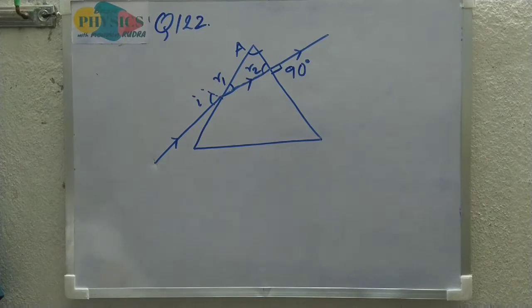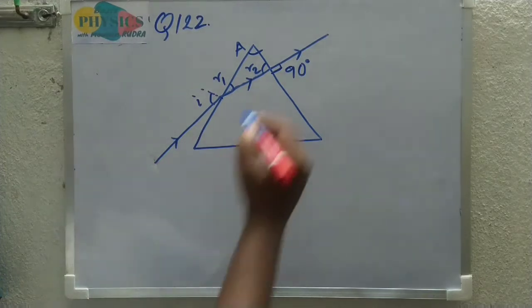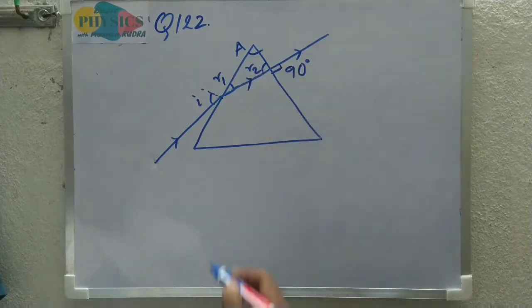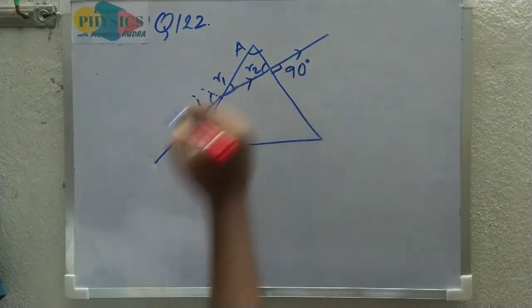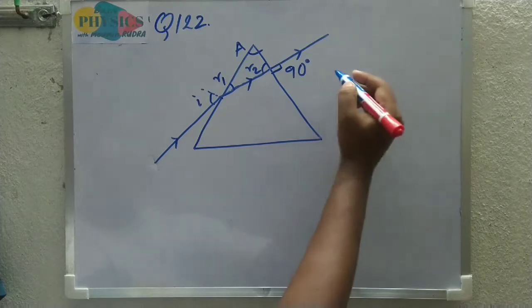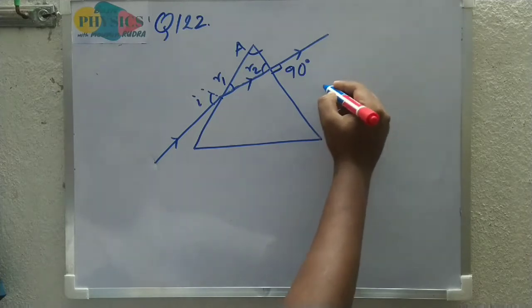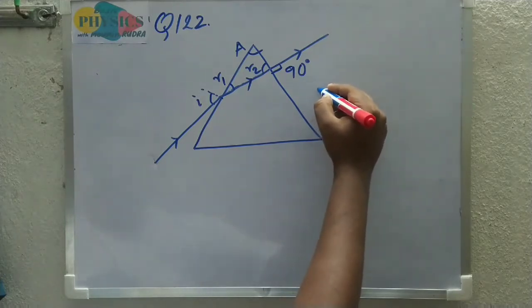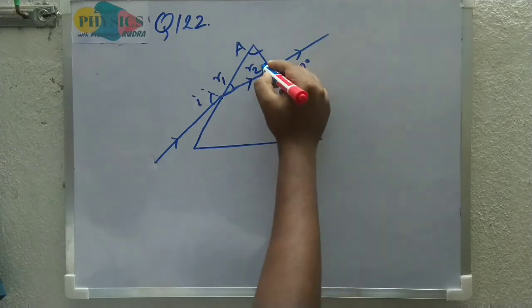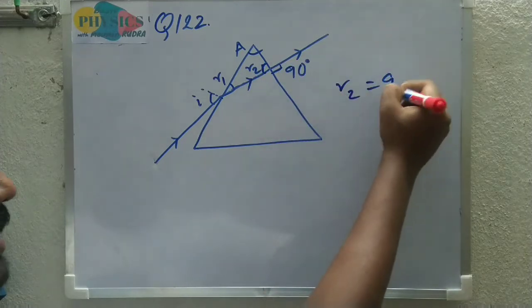Now question number 122. Here a ray is incident at an angle of incidence I on a surface of a small angle prism, and emerges normally from the opposite side, which means this is 90 degree. So if it is 90 degree, we can write that R2 is also 90 degree.